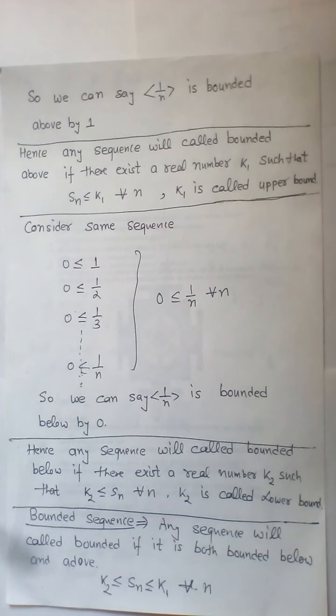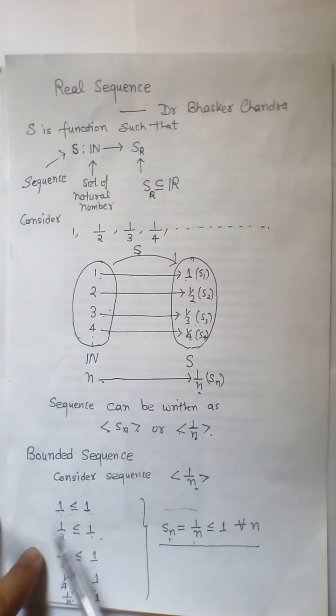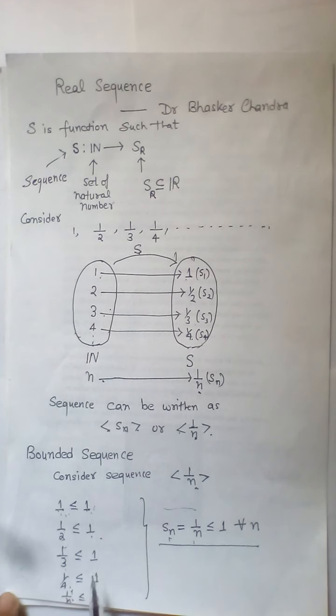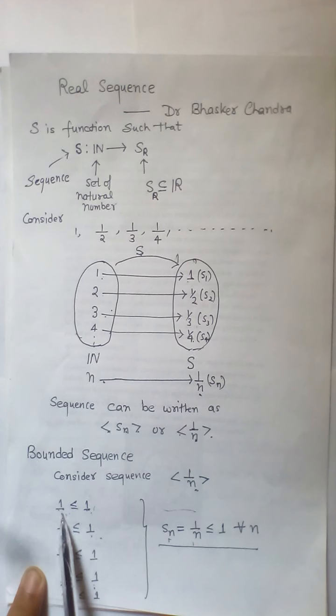If every member of a sequence is less than some number, then you can say that this sequence is bounded above. For example, in this sequence, every member of the sequence is less than 1.